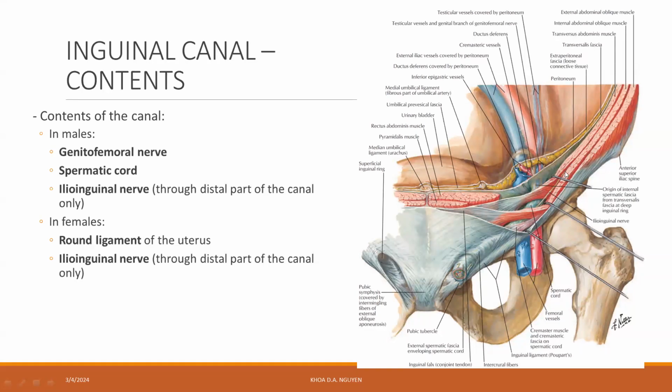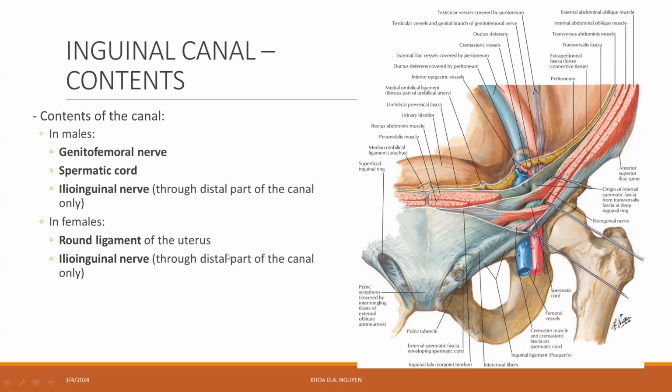But then at a point, when it goes to this location, it's going to get sucked into the canal. Therefore, there is a portion of the ilioinguinal nerve that travels within this canal. So basically, the ilioinguinal nerve did not enter here from the beginning like these vessels, but instead it enters the inguinal canal at the midpoint and only goes through the distal part. It wasn't there during the proximal part.